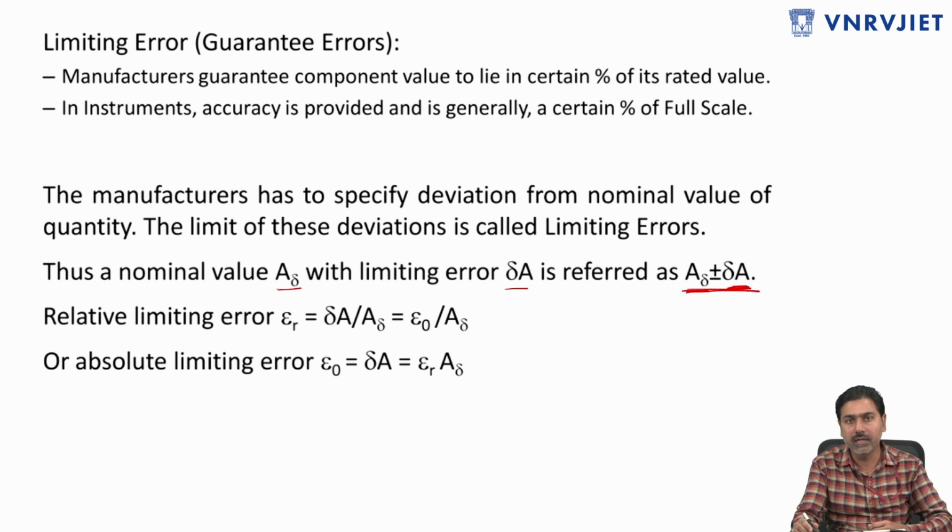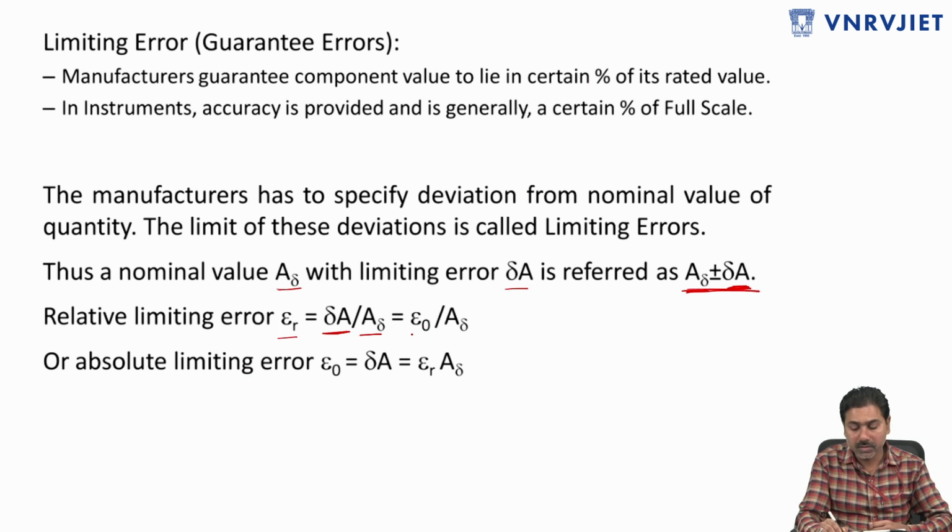And this limiting error can also be expressed in relative limiting error, like epsilon r is equal to delta A by A delta. Here delta A is the limiting error and A delta is the nominal value.